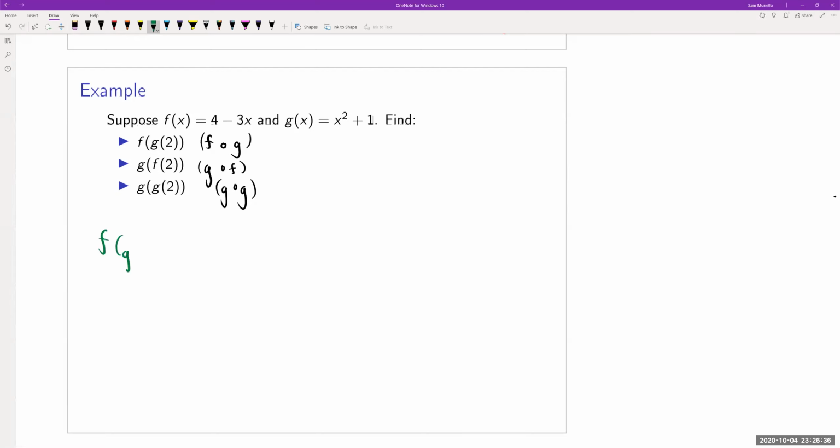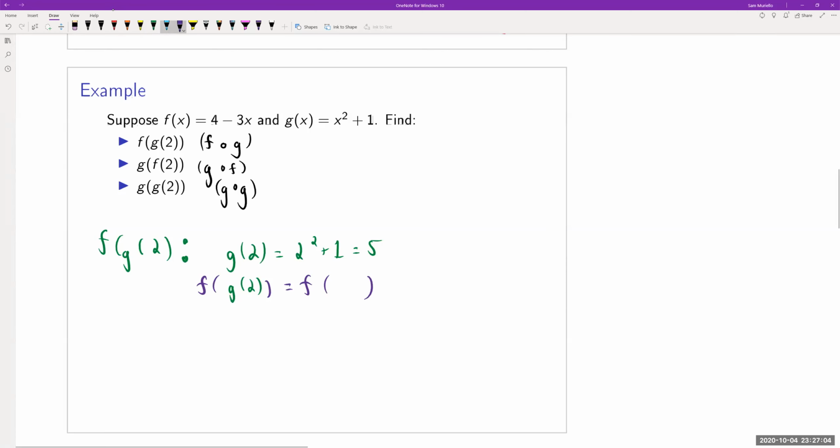So for f of g of 2, g of 2 is equal to 2 squared plus 1, which is 5. F of g of 2 is equal to f of 5.